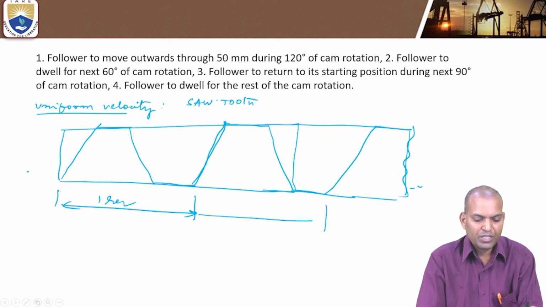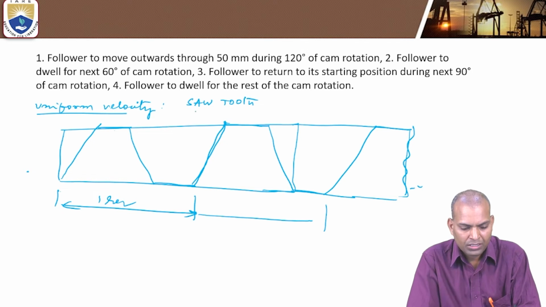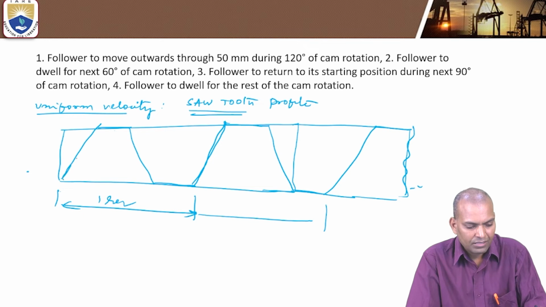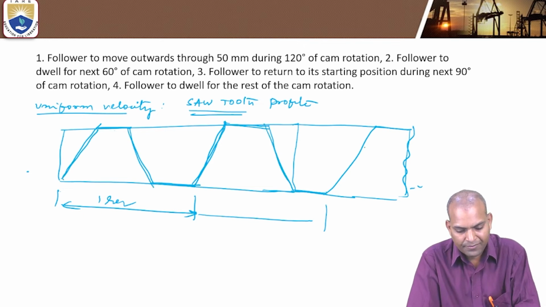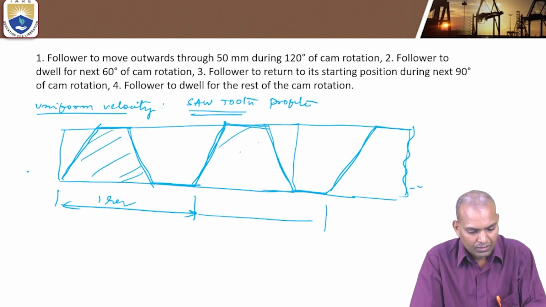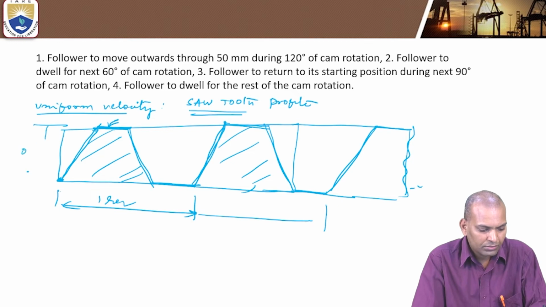The shape of the displacement diagram when the follower is under uniform velocity motion is a sawtooth profile. You can also consider it the shape of an acme thread. The horizontal line indicates the dwell and the starting line. This is the outstroke portion. This is outstroke, and this portion is the return stroke.